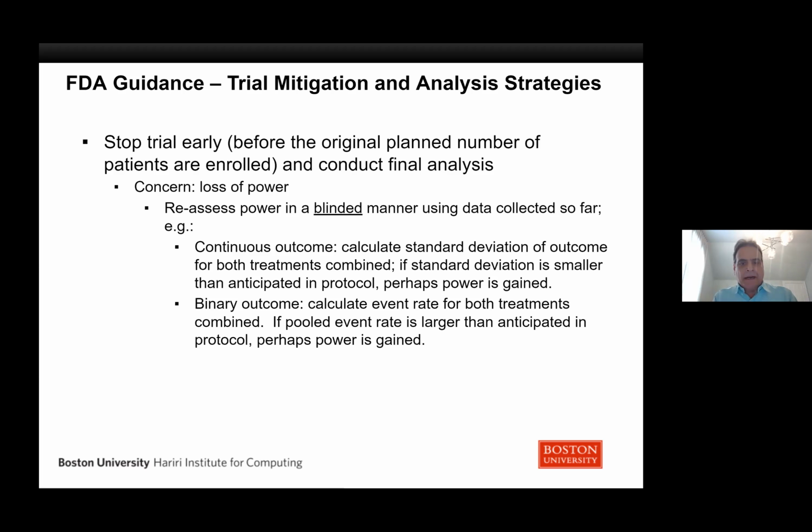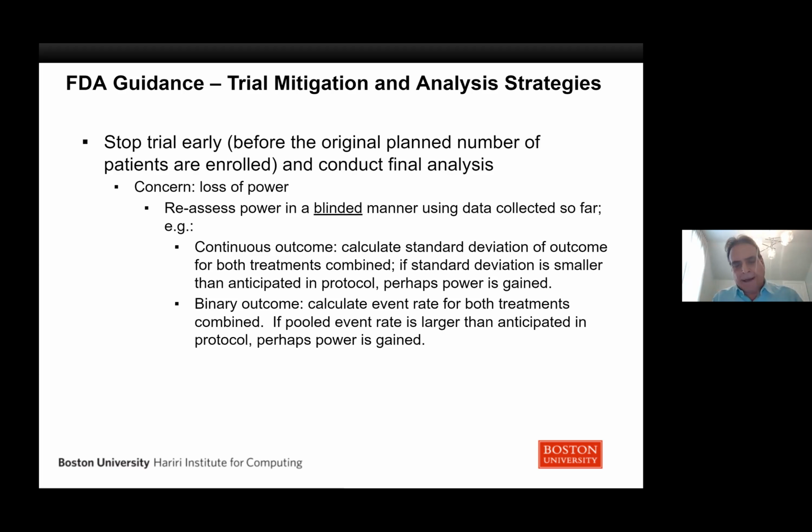And in a binary outcome, calculate the event rate for both treatments combined. If the pooled event rate is larger than anticipated, perhaps power is gained. Now I'm speaking positively about what could gain power. Of course, if the standard deviation is larger than anticipated, or the pooled event rate is smaller than anticipated, there could be loss of power.